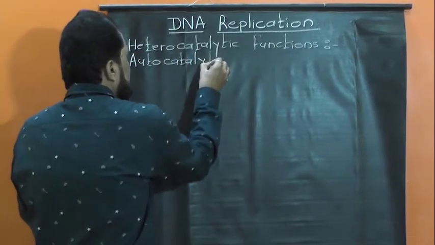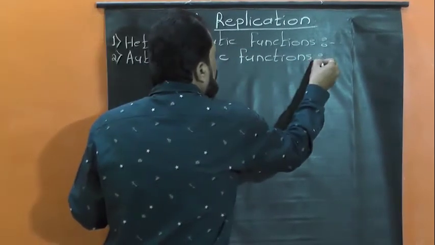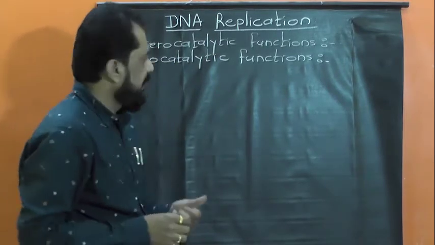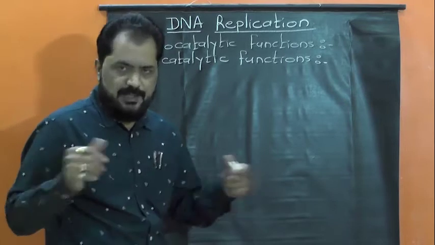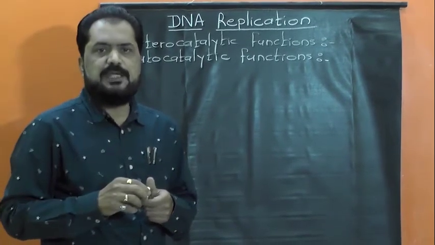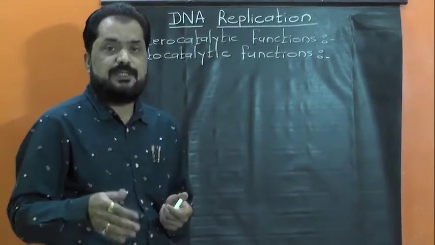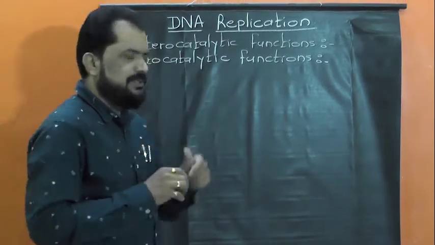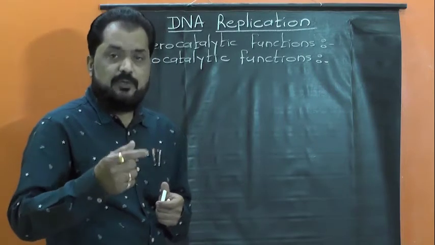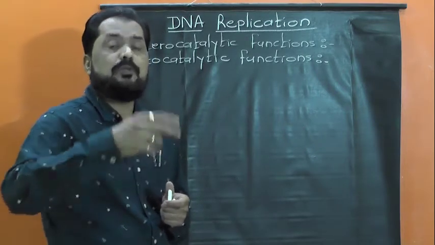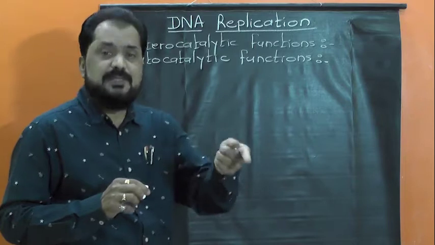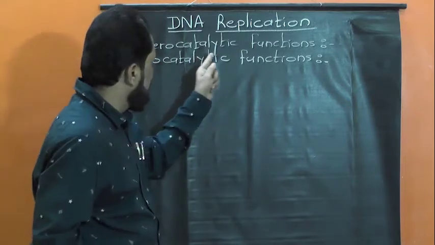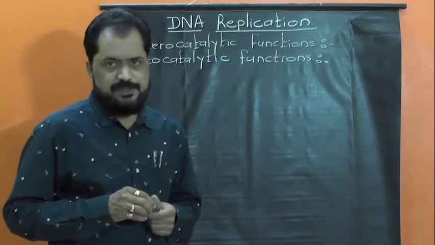You know, here hetero stands for other or different, and auto stands for self. So whenever the DNA regulates the synthesis of DNA itself, it is known as autocatalytic functions, and when it regulates the synthesis of other biomolecules except DNA, that is RNA or proteins, then it is known as heterocatalytic functions.